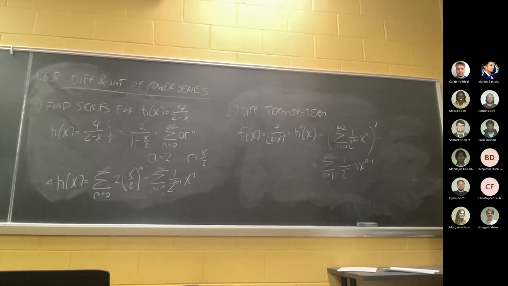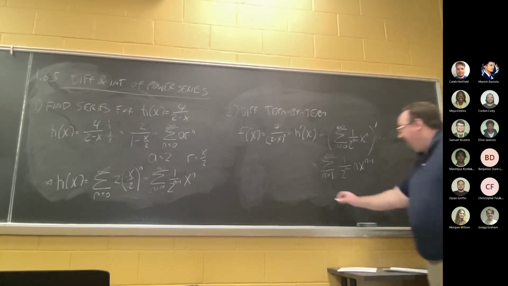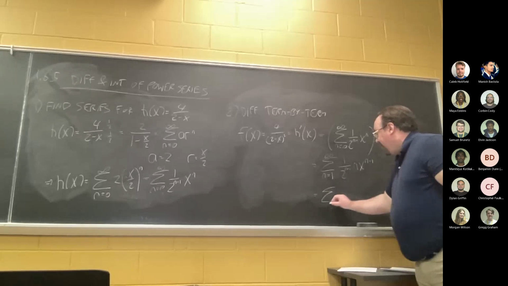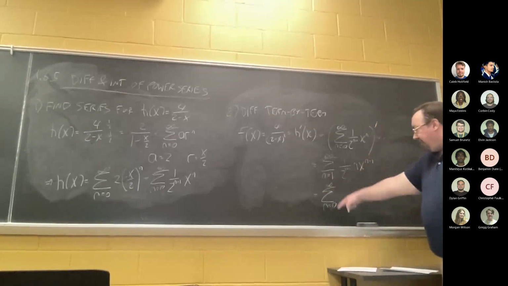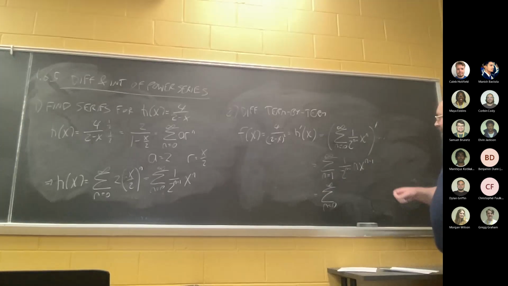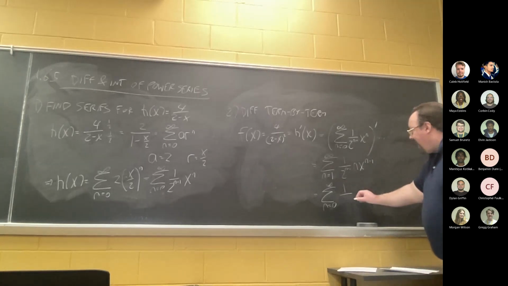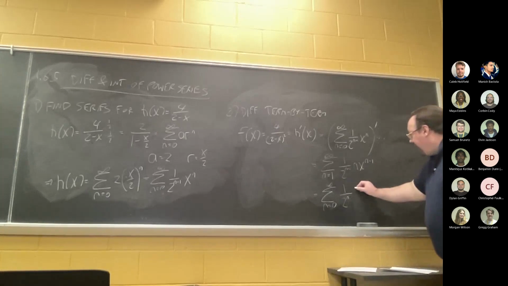Okay. But then what I can do is carry out an index shift, go ahead and start at n equals 0, but because I'm decreasing the starting index by 1, I need to bump n up in my expression inside. So wherever you see n, you replace it by n plus 1.